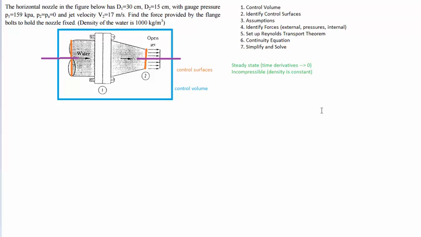Okay, the next thing we need to do is think about the forces that are exerted on this system. So one of them is the one that, if you've read the problem statement, we're looking for, and that is the force of the bolts. So this is an internal force in the system. It's the bolts basically keeping this nozzle together as water flows through it.